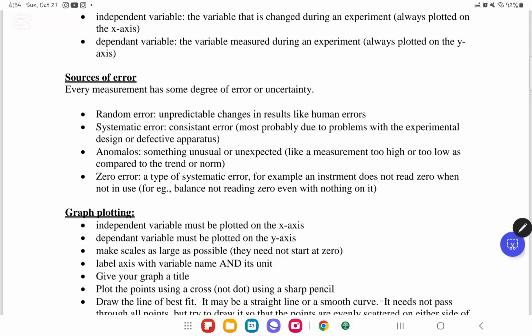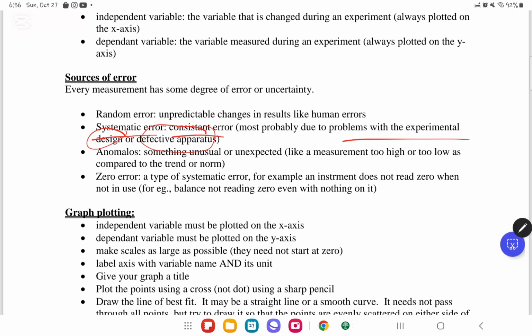Systematic error. So probably you continue doing the same experiment over and over and you get an error. So at some point you might believe that it's true, this error, but it's probably due to problems with the experimental design, so how much you put, what you did, etc. Or a defective apparatus, so you used maybe an apparatus that's wrong, okay?